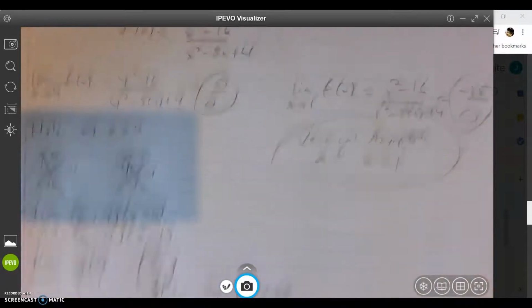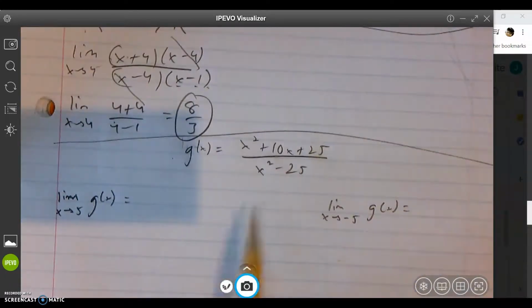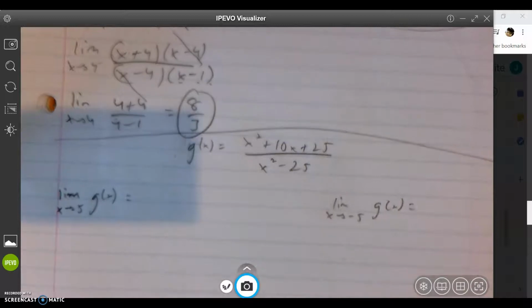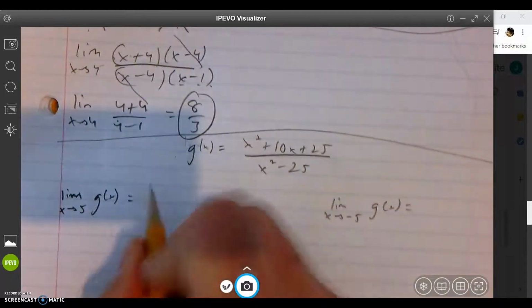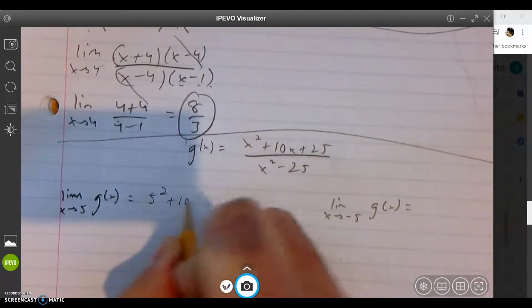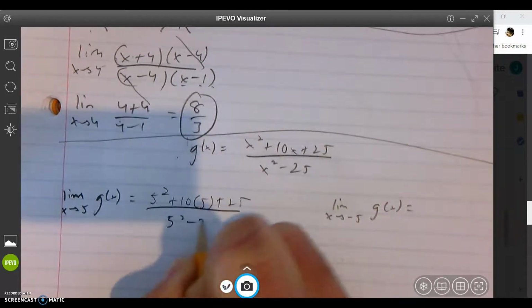Cool. All right, let's try the next one, g of x. Okay, pause the video, see if you can do this one now. Which one's a hole, which one's a vertical asymptote? Now you've seen me do it. All right, let's try it. So limit as x approaches 5. Let's plug it in. 5 squared plus 10 times 5 plus 25 over 5 squared minus 25.